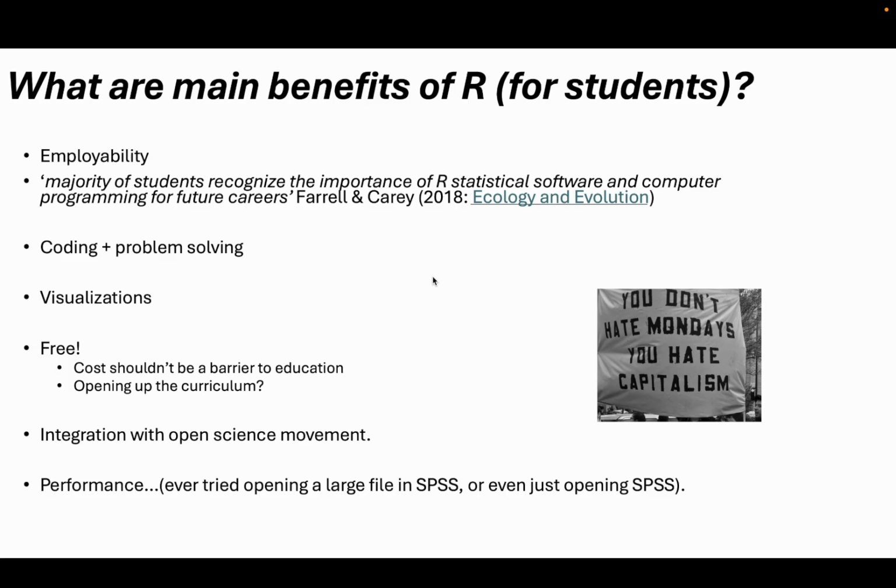Another main benefit is for sure the visualizations. So I'm going to show some examples of this on the later slides, but things like R and Python, the visualizations you can create in these for presenting your data are so much better than things like SPSS. It's also free. This is a massive benefit for students, particularly if students are required to pay.